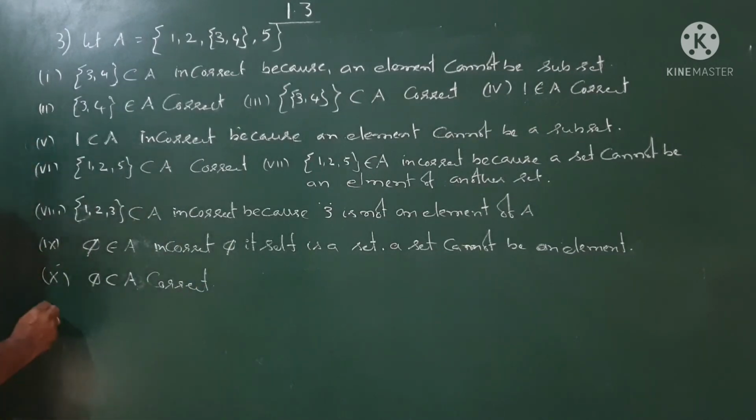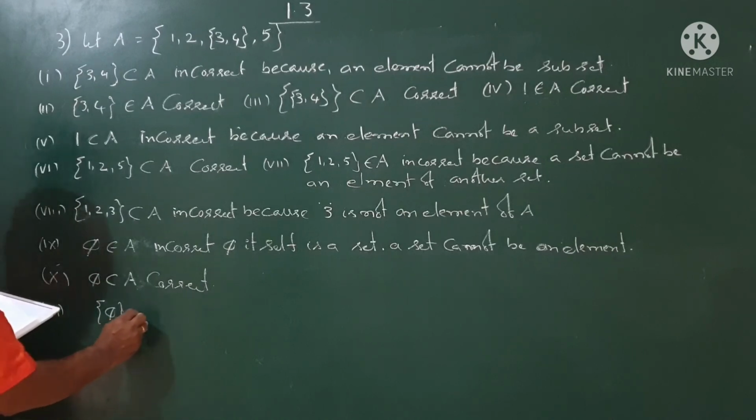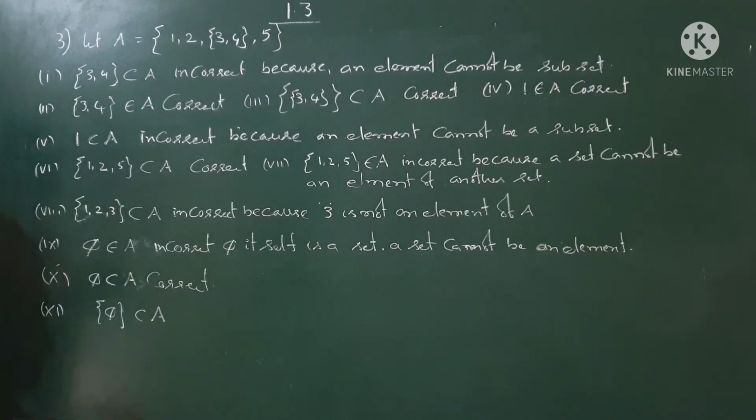Next, finally, 11th one. {phi} is a subset of A. I told you in the beginning, this is the wrong expression for an empty set. Here the set {phi} contains an element, the symbol phi.